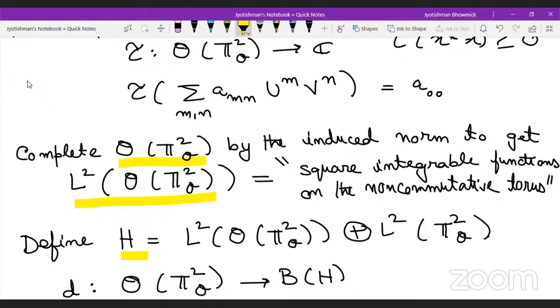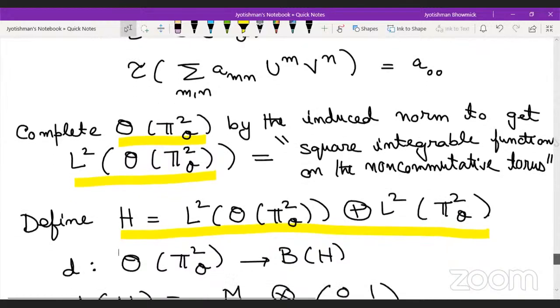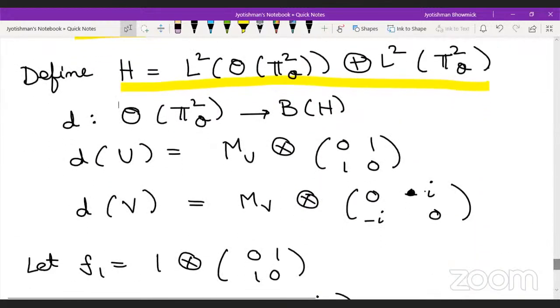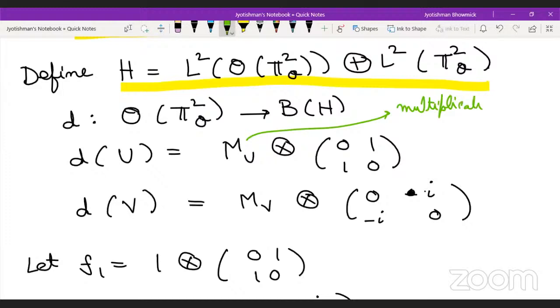And then you define this small d from the 0 forms to 1 forms by this formula. Here mu means the multiplication by u. Similarly I have dv.